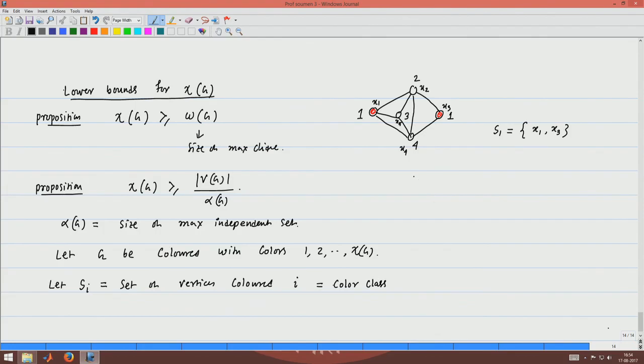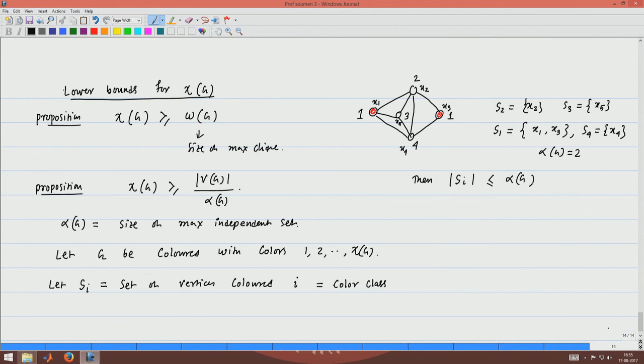Then what we can write is that every color class Si must have size less than or equal to the size of the maximum independent set. Here you can see that the size of the maximum independent set is 2, and the color class S2 consists of x2, color class S3 consists of x5, and the color class S4 consists of x4. And alpha G for this graph is equal to 2.